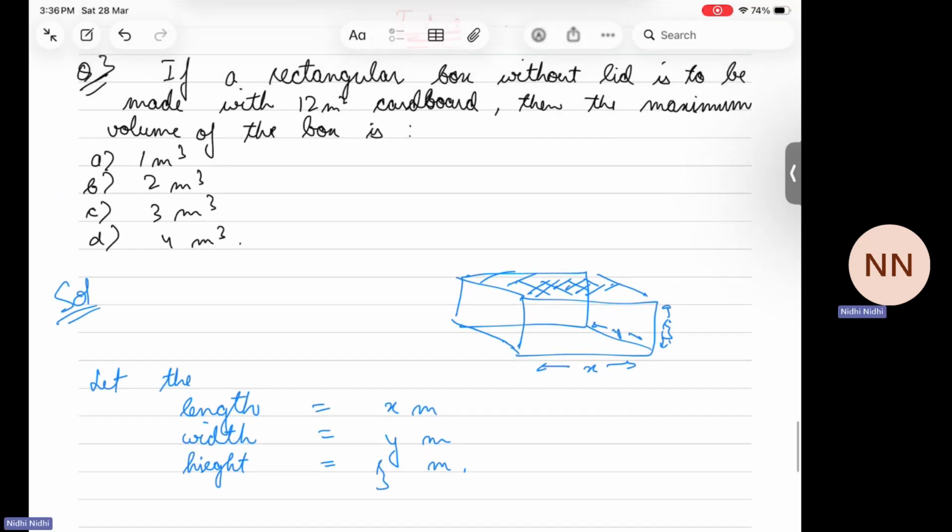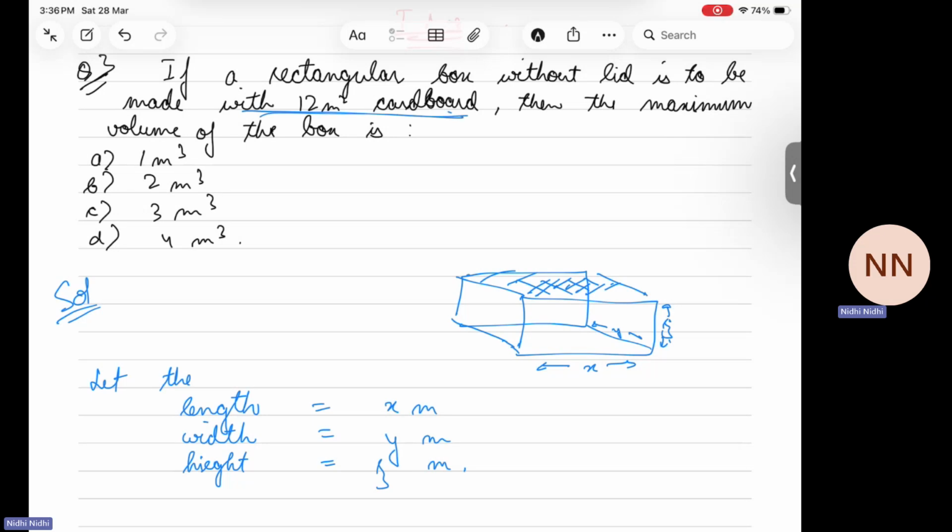So we are given that the surface area is 12 meters square.